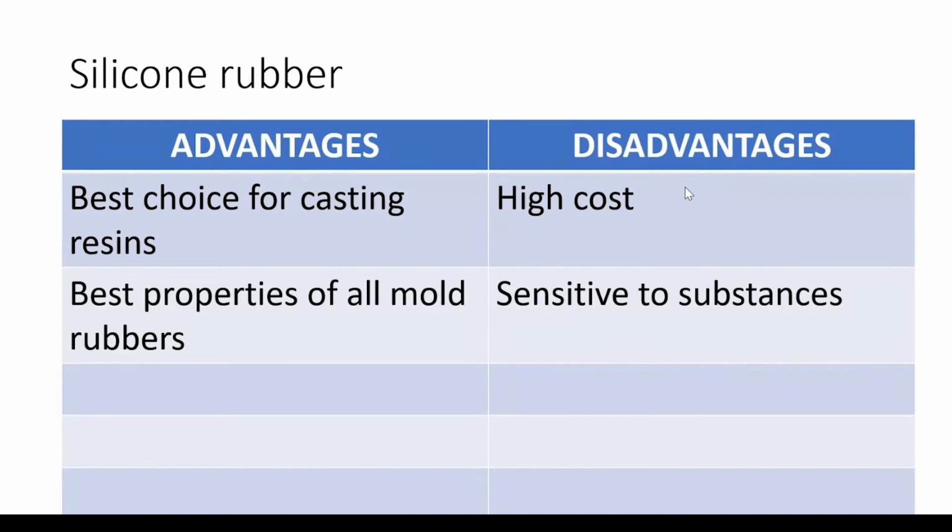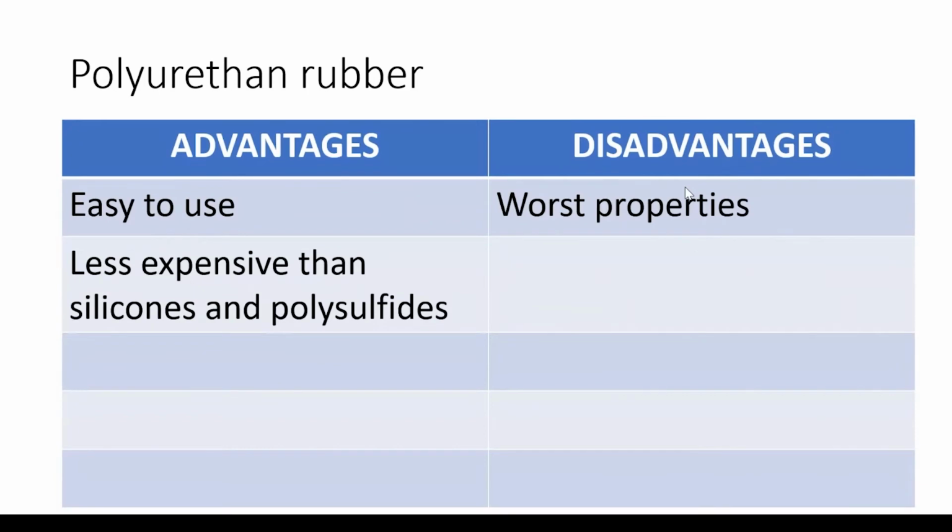The next one is polyurethane rubbers. For its advantages, polyurethanes are easy to use, with many having a simple mix ratio by volume, and they are less expensive than silicones and polysulfides.